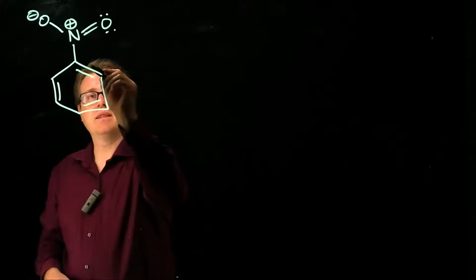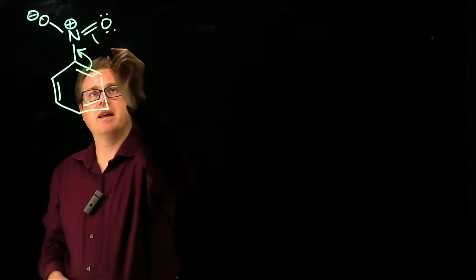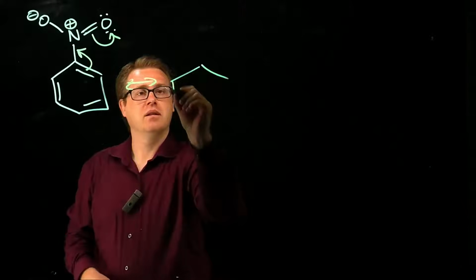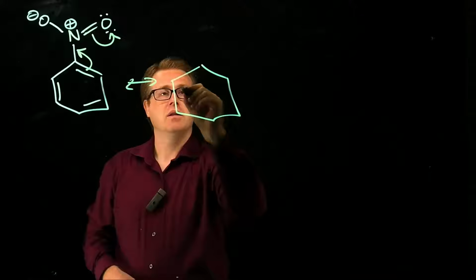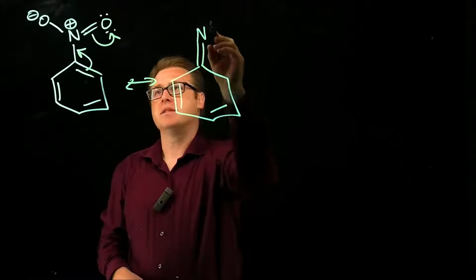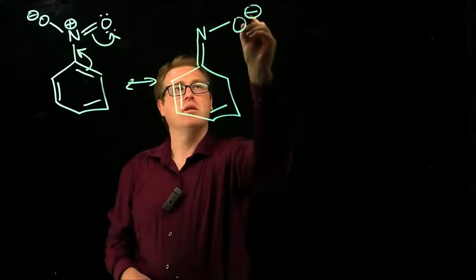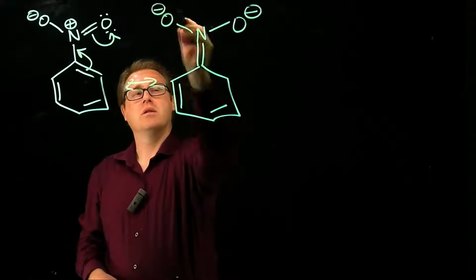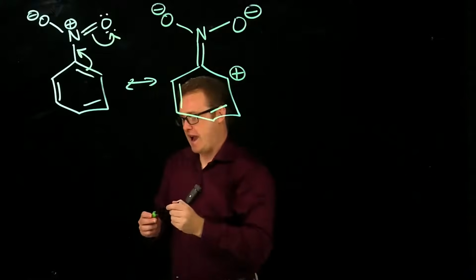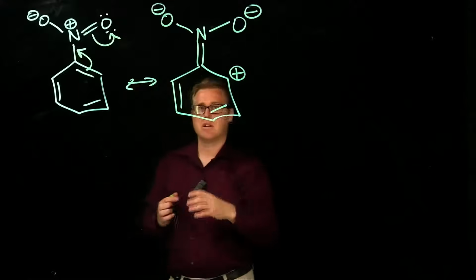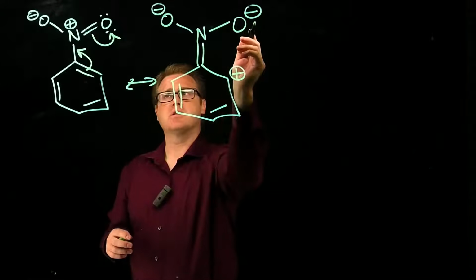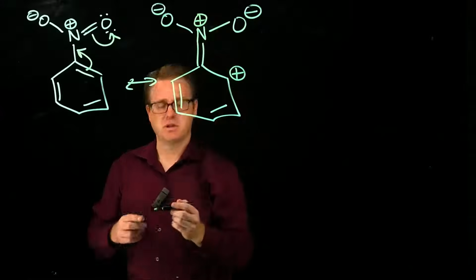So we could see that these pi electrons here can come here, and then that goes like that. And so now we're going to have a double bonded nitrogen like this. You see how just by looking at the resonance structure, that nitrogen also still has 4 bonds, so that's a positive charge.